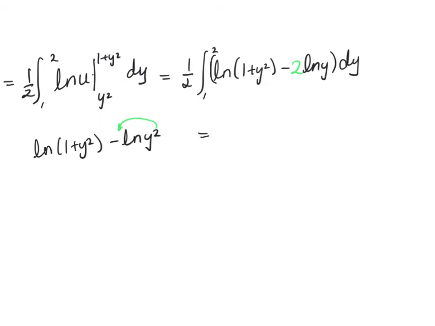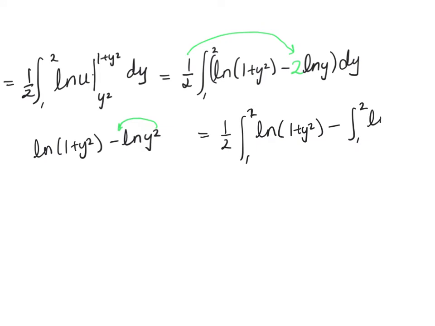So I'm going to go ahead and break this apart. So 1/2 from 1 to 2 of the natural log of 1 plus y squared, and then minus, when I distribute this 1/2 onto that 2, that will cancel itself out, from 1 to 2 of the natural log of y dy.